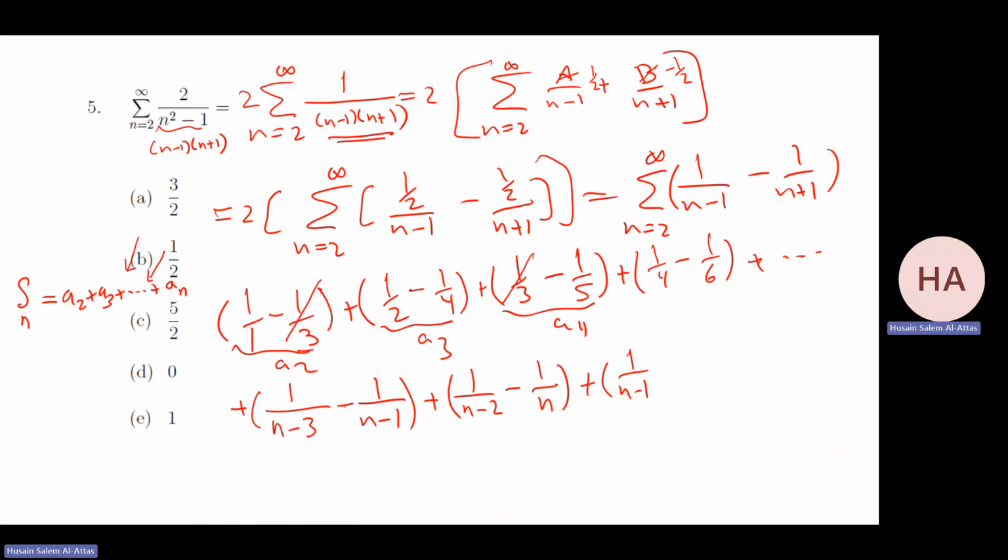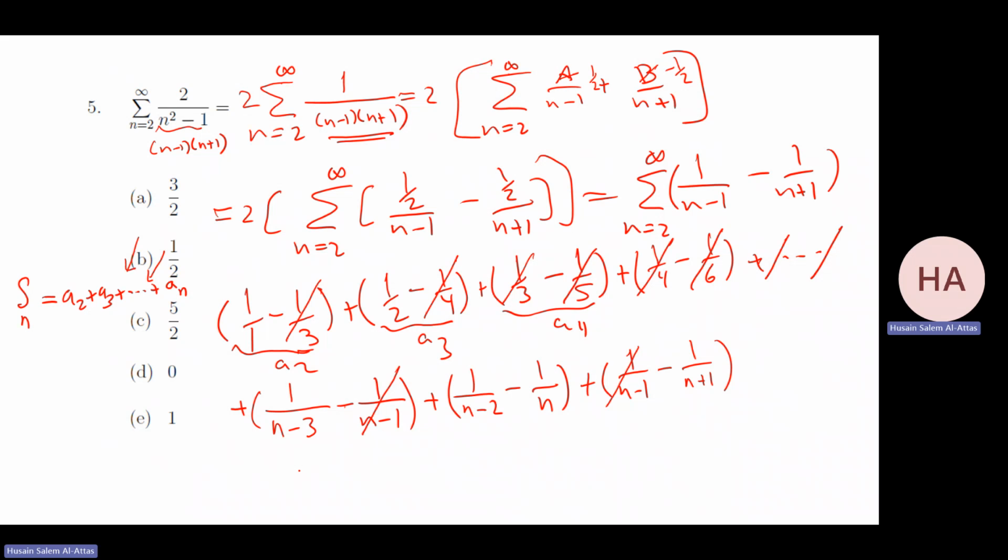Plus minus 1 over n plus 1. If you notice, this is cancelled. And this one cancelled also, and this one will cancel somewhere, and this one will cancel somewhere.